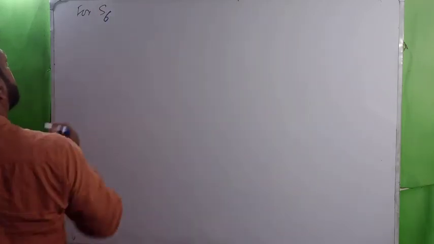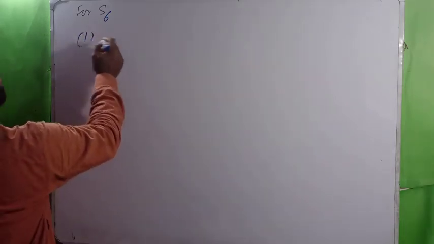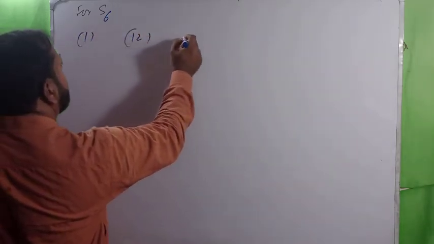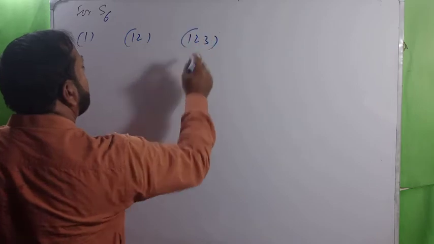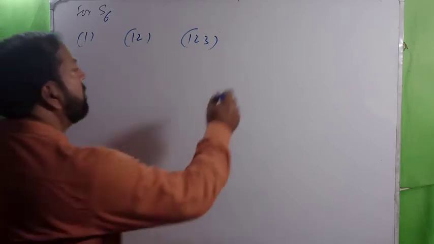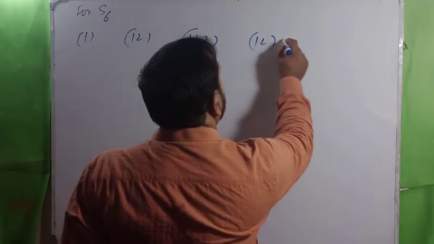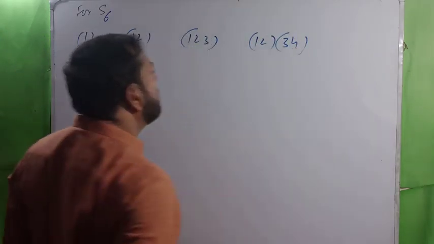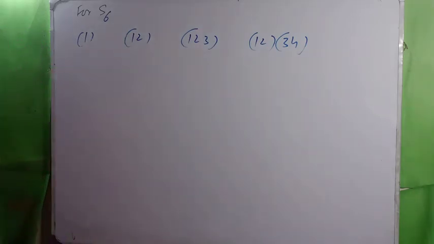For S6 you have the identity, (1 2), (1 2 3), then (1 2 3 4), (1 2 3 4 5).